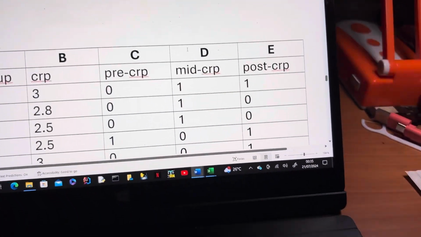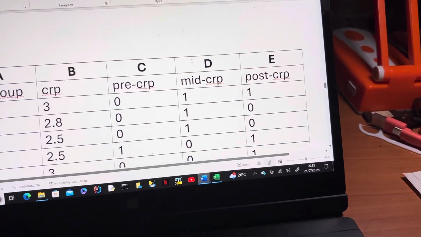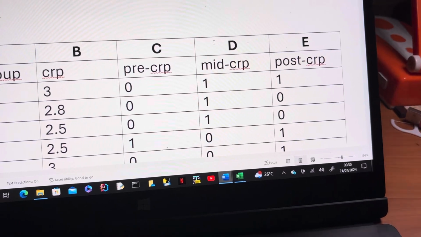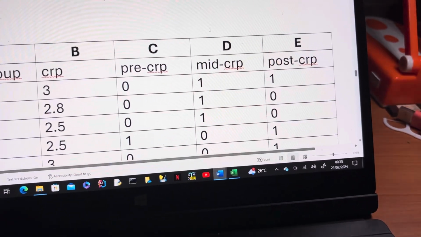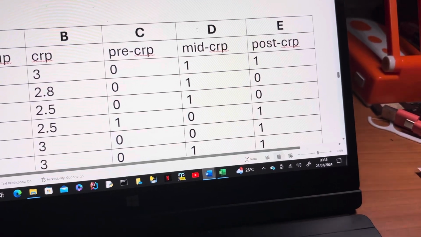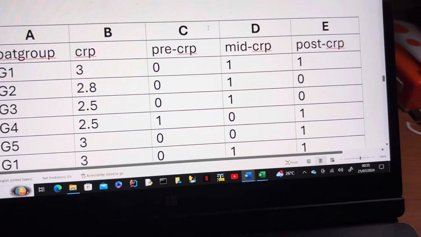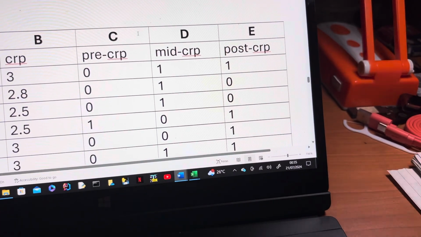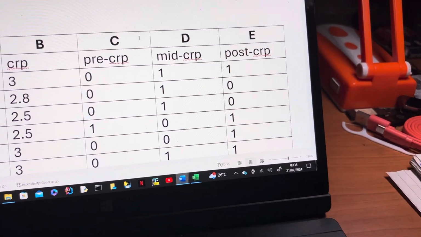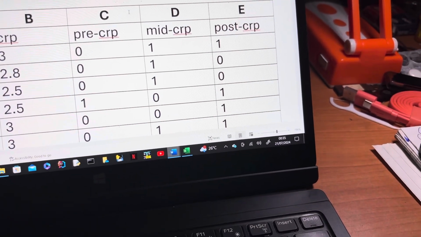And then the other columns B, C, D, and E. The B here is the CRP of a normal person falling into the group, let's say group 1. And then C is the pre-CRP.